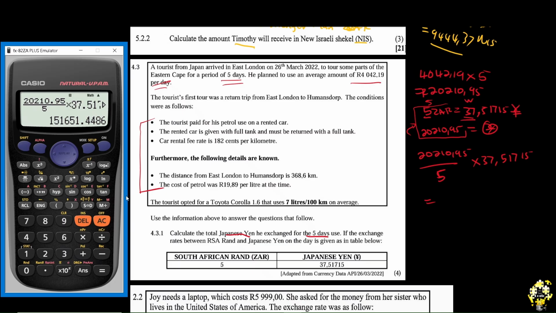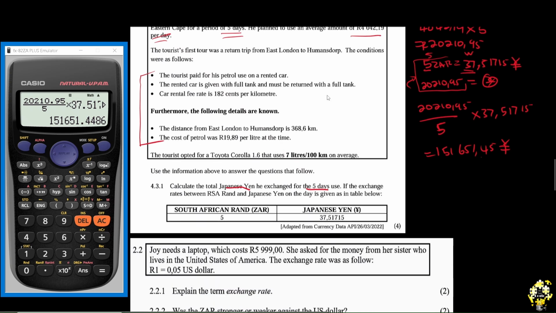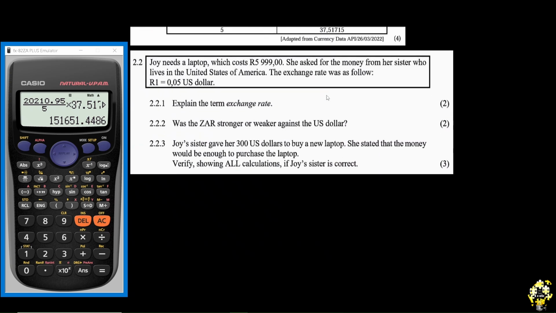You actually get that you need 151,651 point, rounded off to two decimal places, Japanese yen. So this is how much Japanese yen he actually had to exchange for his tour in the Eastern Cape for that particular 5 days. So now let's go to the next one.